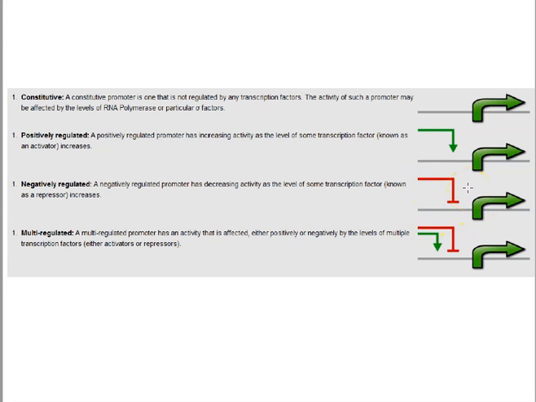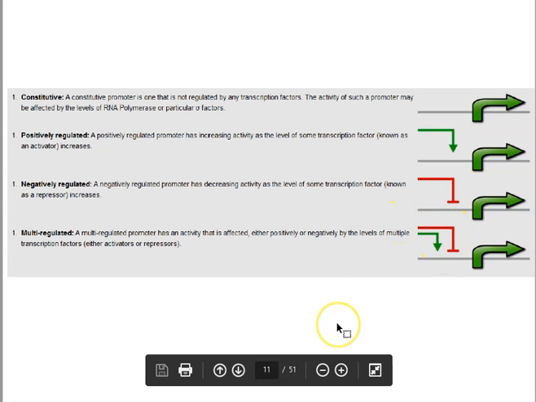In this case, the promoter is responsible for turning off the gene in the presence of the specific environmental cue or the specific inducer. And we also have multi-regulated promoters, which may be turned on by one cue and then turned off by another cue. So this is a representation of the parts and the components associated with synthetic biology.